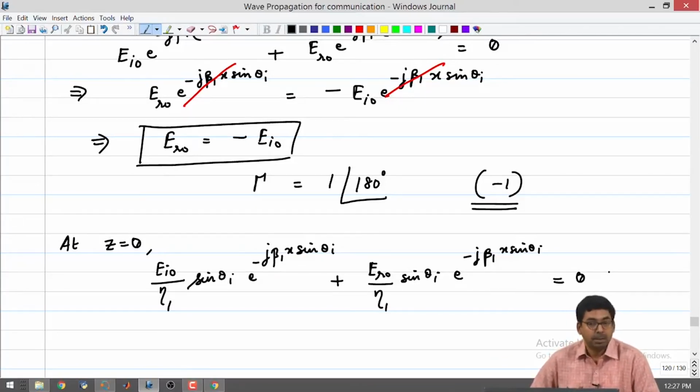Normal component is only the z component in this case. So, I am taking only the z component.